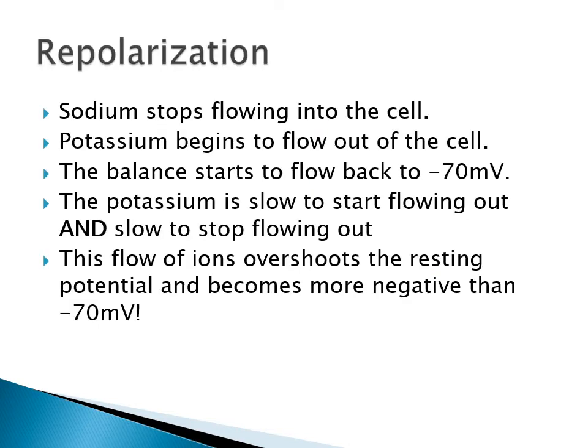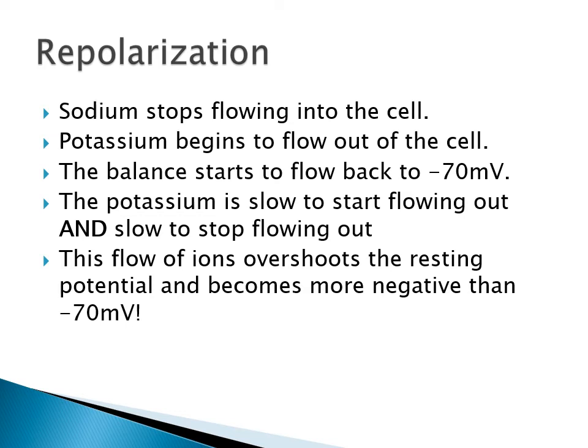At some point, sodium's going to stop flowing into the cell because we're running out of sodium ions. This is when potassium starts to flow back out of the cell. Remember, there was a lot of potassium inside the cell to begin with, so that potassium is now going to flow out. This is an attempt to send positive ions outside of the cell, and by sending the positive ions outside of the cell, inside of the cell is going to go back towards a negative internal charge.